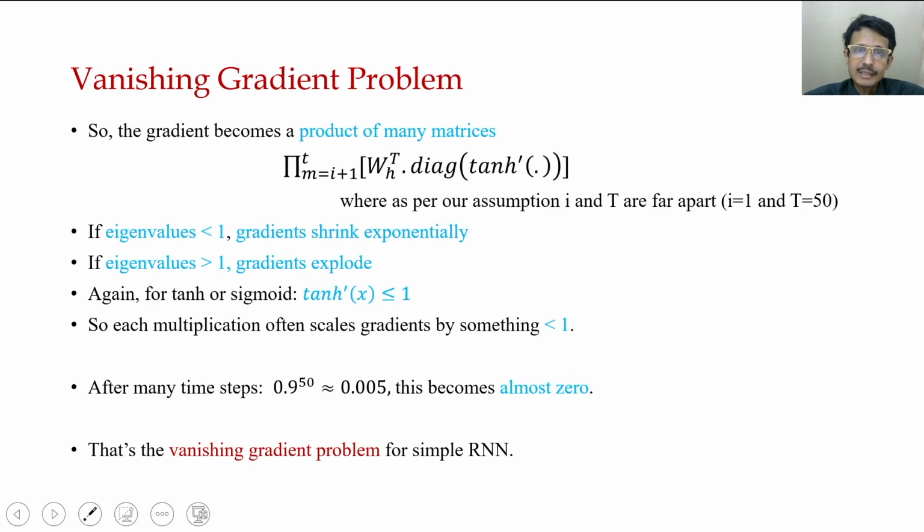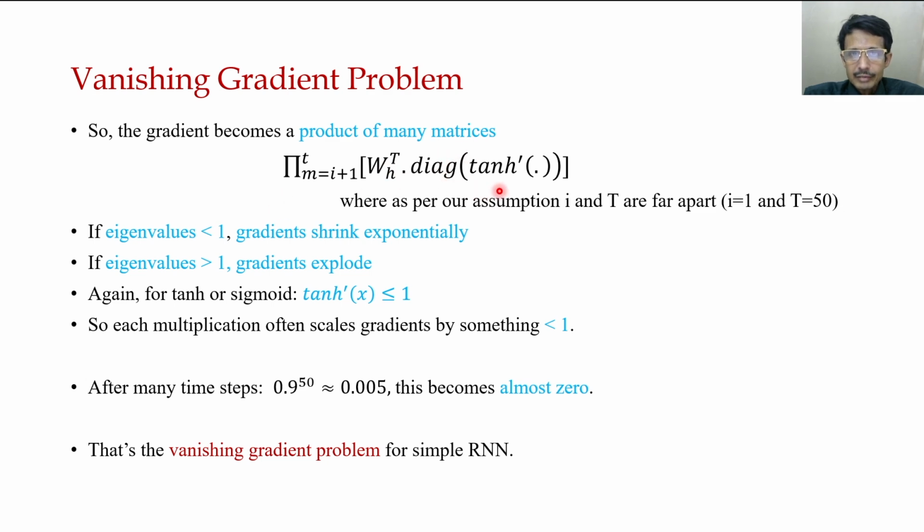Now if this is the case, then the product runs from i equal to 1 to t. Don't confuse, this is a transpose. Then the gradient becomes a product of many matrices.